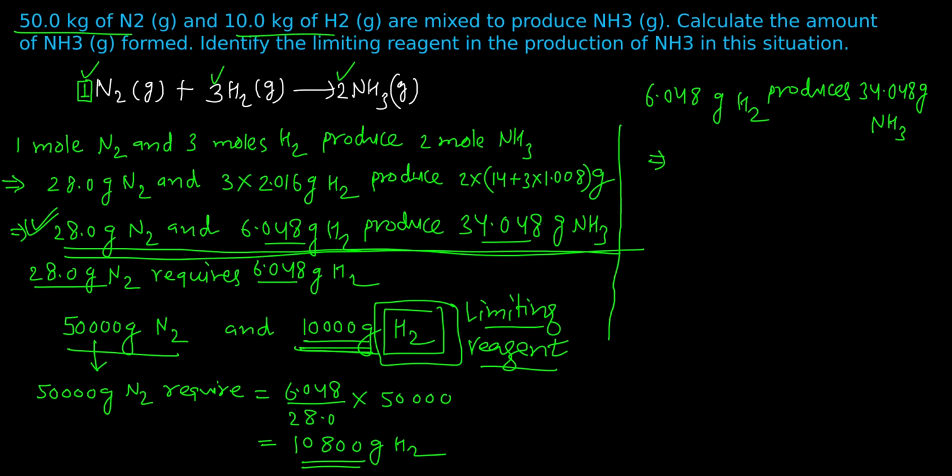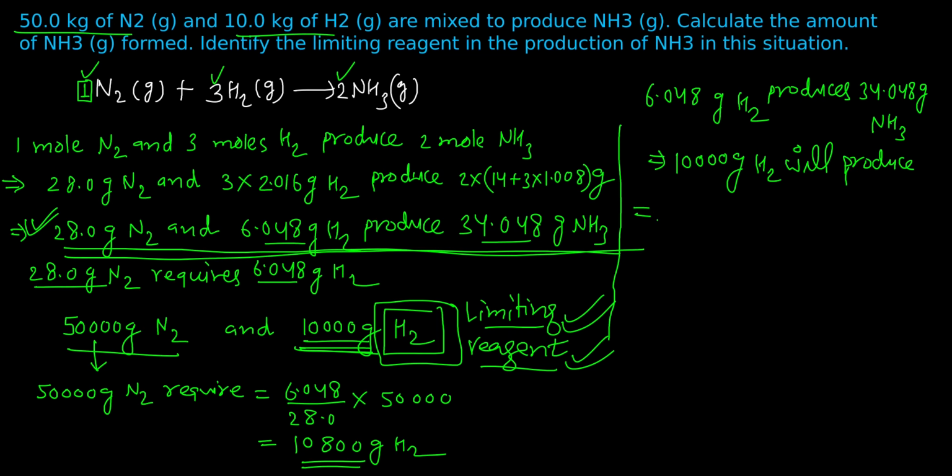Because that is present less than the required amount. So 6.048 gram hydrogen produces this much ammonia. So 10,000 gram hydrogen will produce, now the product will be decided by the limiting reagent, right? It is always the case. Your final product amount will be decided by the limiting reagent. So all the limiting reagent will get reacted and that will determine how much product will be formed.